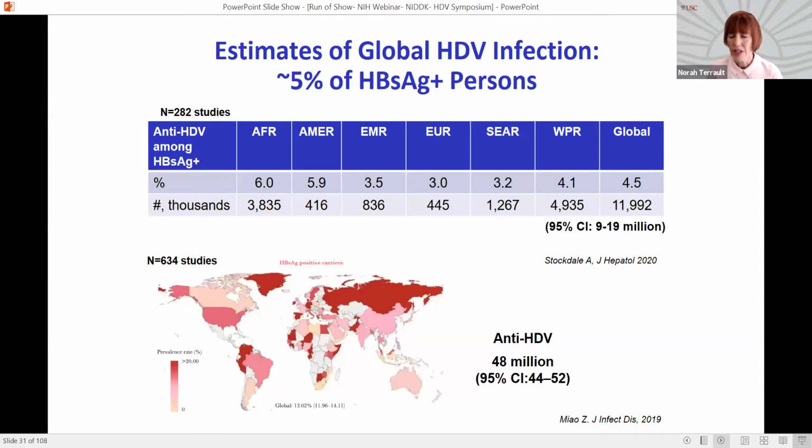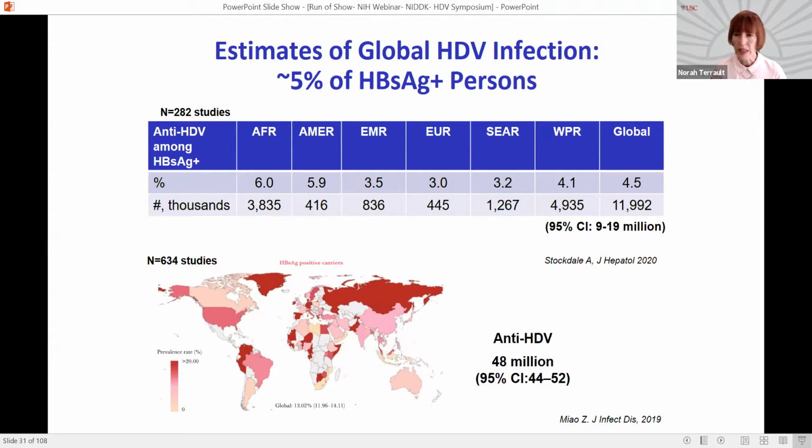Now, it's already been mentioned that this is a global disease, just as hepatitis B is. And if you look at estimates of the burden of Delta, you'll get quite widely varying estimates. Historically, it's been said that 3 to 5% of hepatitis B surface antigen positive individuals are infected with Delta.